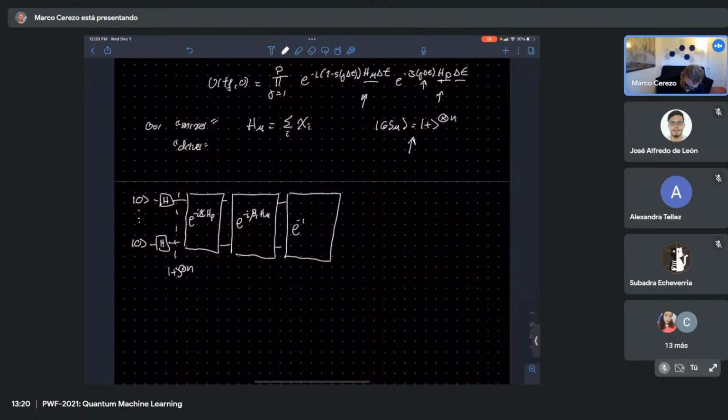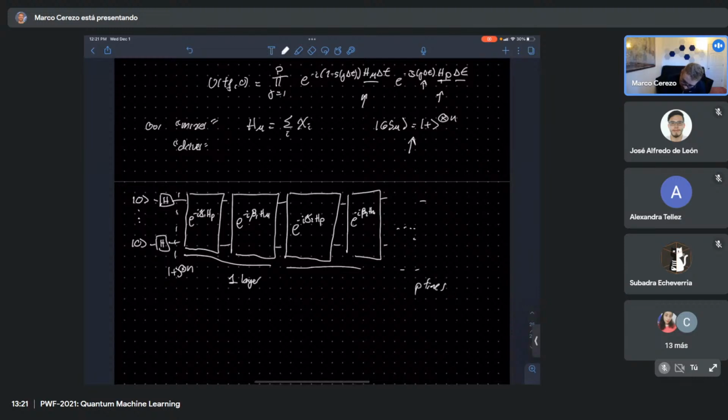And then I'm going to repeat this: e^{-i gamma 2 H_P}, e^{-i beta 2 H_M}, and I'm going to repeat this. This is what we call one layer, and we have to do this P times.